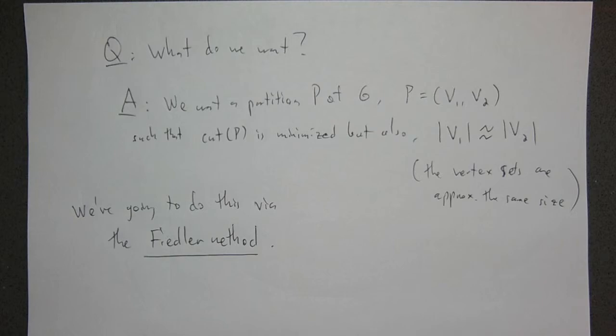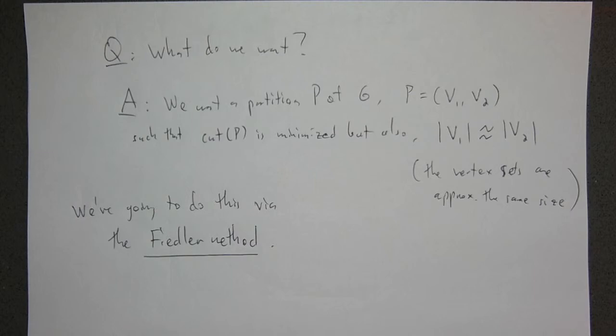Basically, what I'm going to do is state the very basic form of using the Fiedler method, and then go through some examples in the notes. At the end of this chapter, he goes through a full proof of why the Fiedler method gives you what you want.